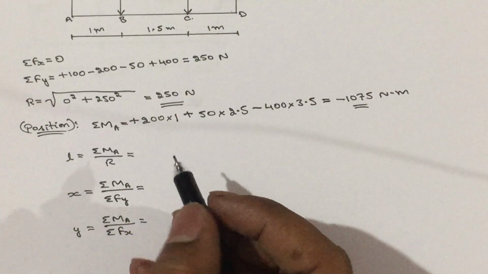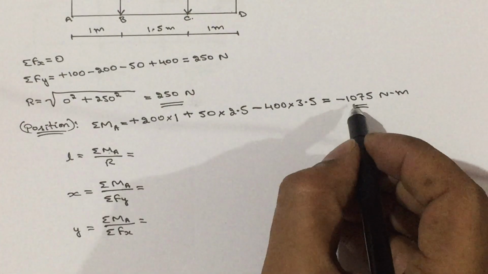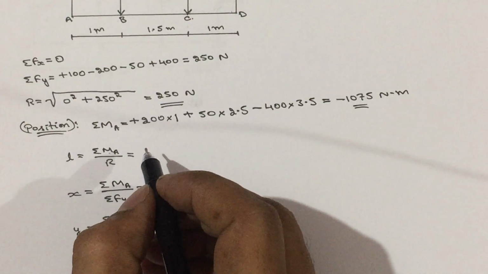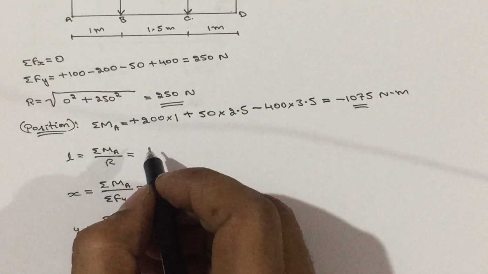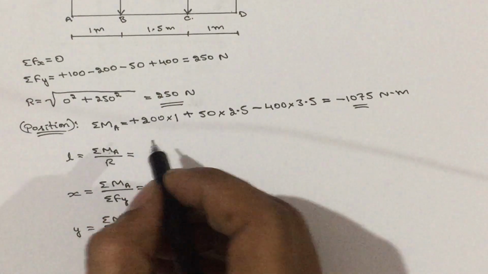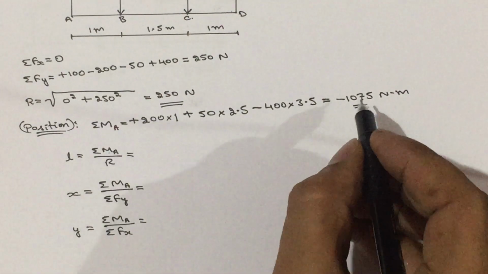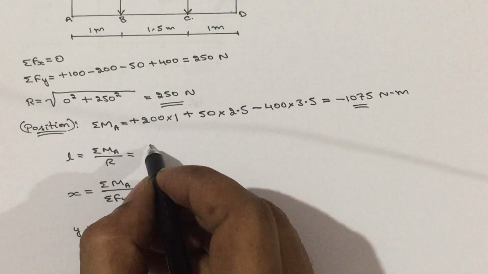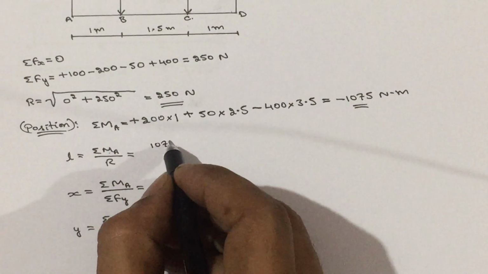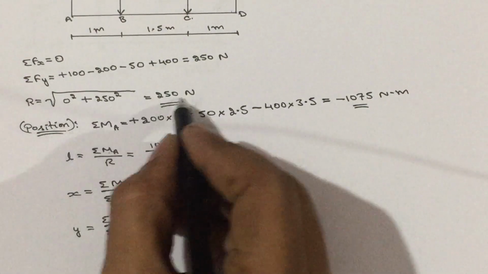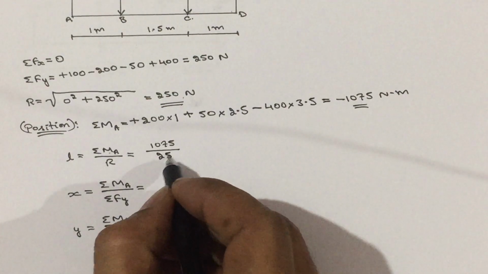So substitute the values. Sigma MA we calculated as minus 1075, but while calculating the distances, we need to take the positive values only. So take plus 1075 divided by resultant, we got it as 250.